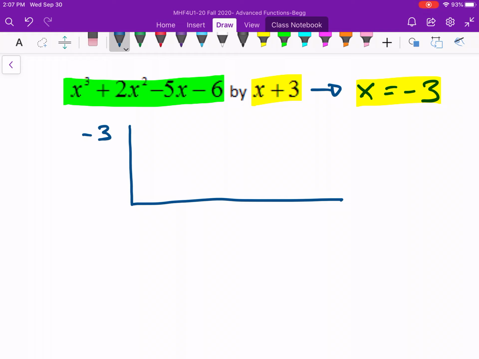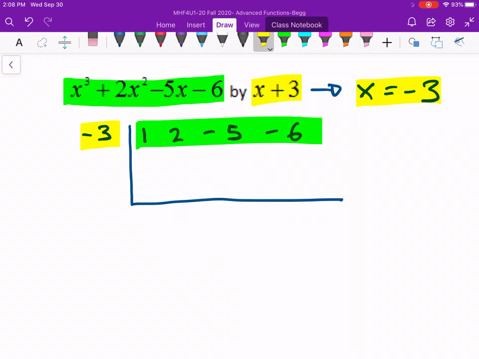So the coefficients from left to right are 1, 2, negative 5, negative 6. Let's keep things color-coded so we can see where they came from. So again, what I've highlighted in green inside that box are just the coefficients from the original polynomial.